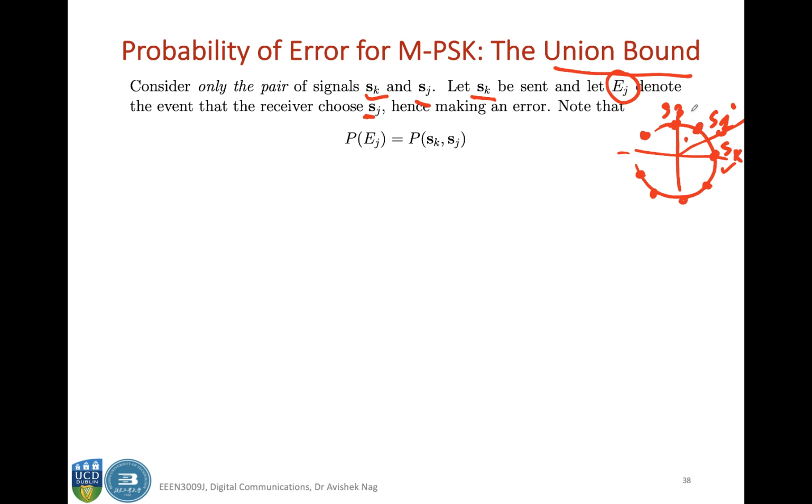That is an event where an error is happening, and we are calling that event Ej. So Ej denotes the event that the receiver chooses Sj, hence making an error. Therefore the probability of Ej is the probability of error due to Sk and Sj.